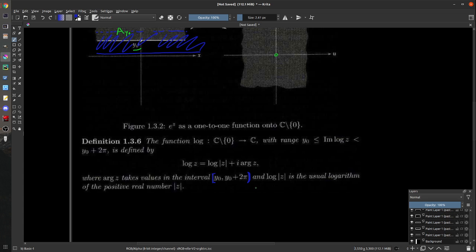Remember, we talked about this before, and this maybe is some slight abuse of notation. Maybe we should call this arg sub y naught. But basically, since we can decide arg to take values in some 2 pi thick interval, that is how we will specify the branches of the complex logarithm. And this ends up working very, very nicely.